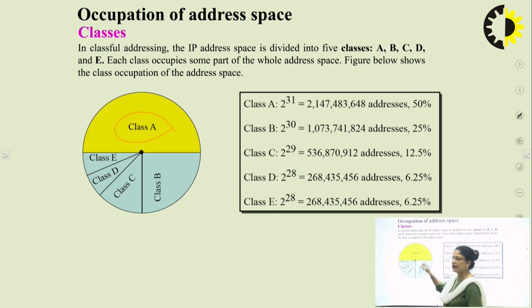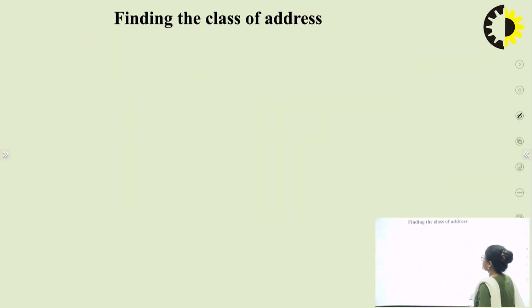Class A has the maximum range of values, followed by class B, then class C, and then class D and E.